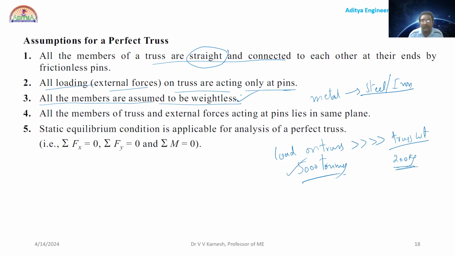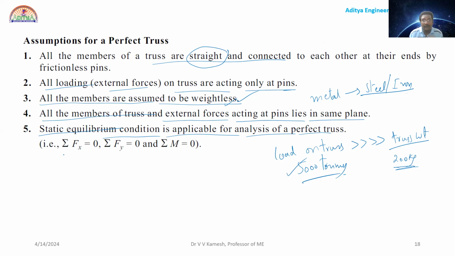That's why you consider it weightless. And all the external forces acting at the pins lie in the same plane. That means I need to apply the load in the same plane, not in different planes or spatial applications. And the static equilibrium condition is applicable for the analysis of the perfect truss.